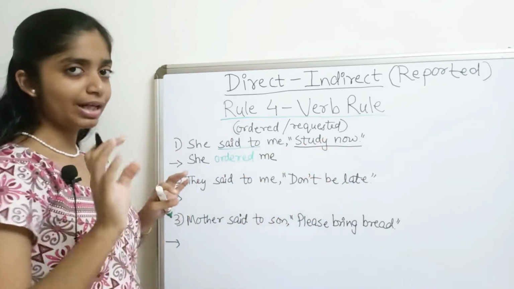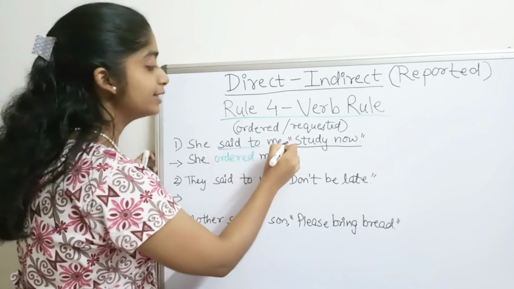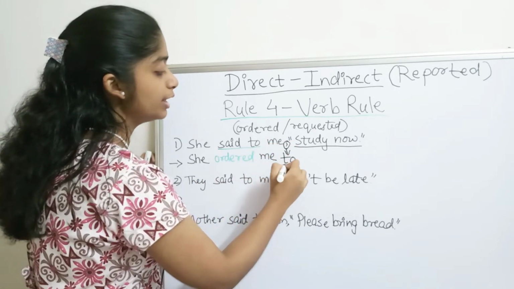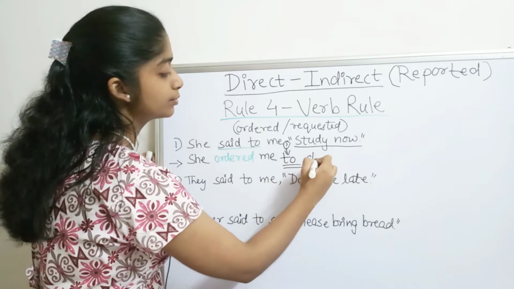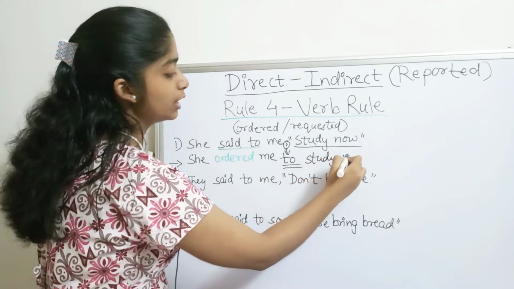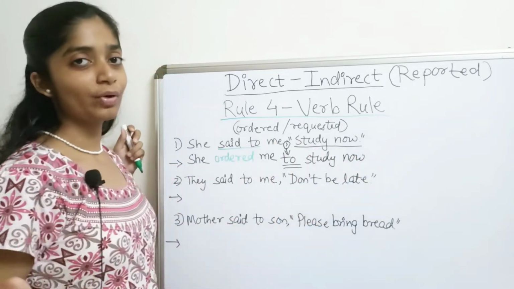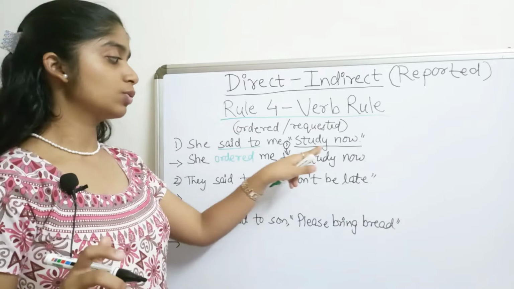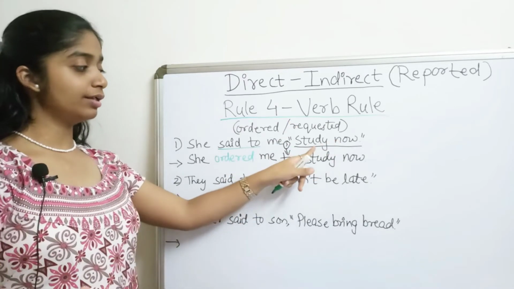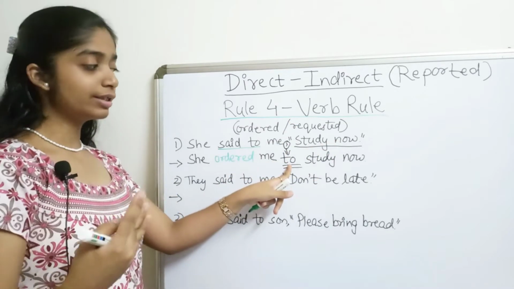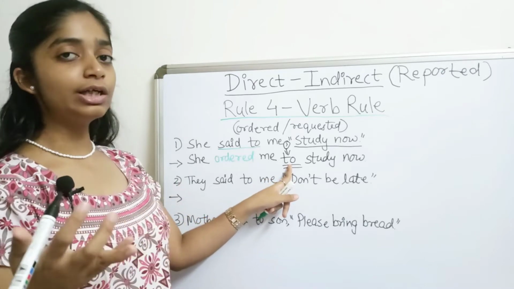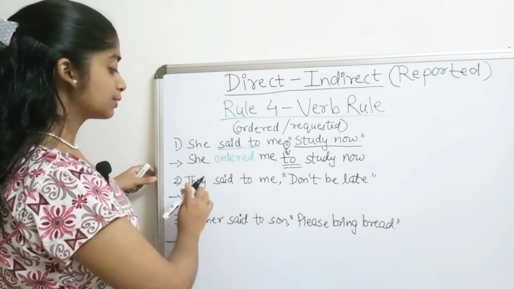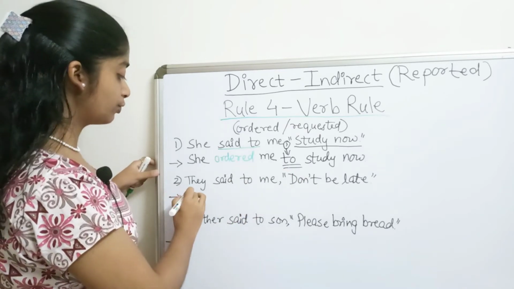Study now will remain as it is, but instead of this comma, we will write the word to. She ordered me to study now. Study now will remain as it is and before study now we will write the word to, the infinitive.